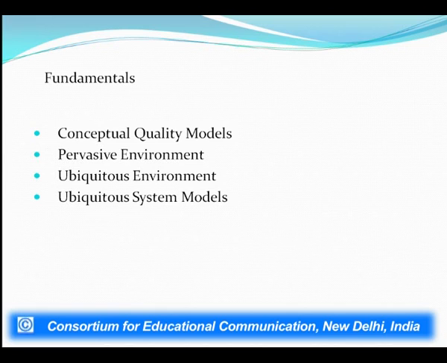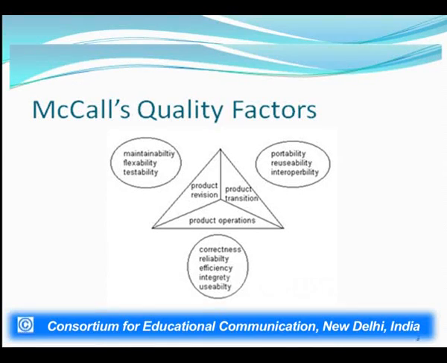The most popular quality models in the area of software engineering and computer science are McCall's quality factors, and all the software and system designs are checked on these quality factors like maintainability, flexibility, testability, portability, reusability, interoperability, correctness, reliability, efficiency, integrity, usability, and they come under product revision, product transition, and product operations.